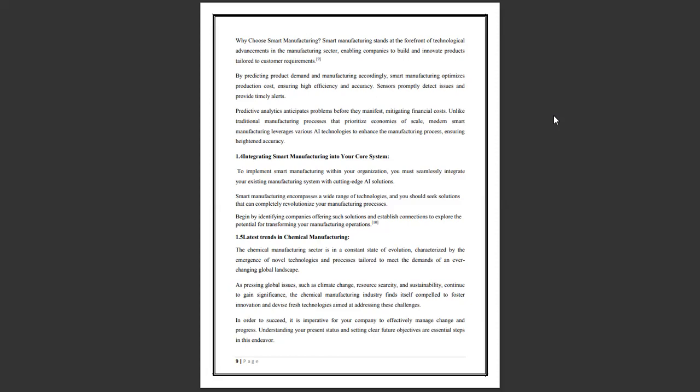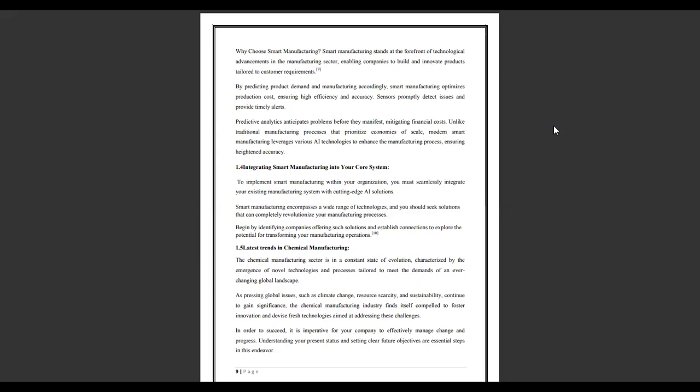Unlike traditional manufacturing processes that prioritize economies of scale, modern smart manufacturing leverages various AI technologies to enhance the manufacturing processes, ensuring heightened accuracy. The next point is how to integrate smart manufacturing into your core system. To implement smart manufacturing within your organization, you must seamlessly integrate your existing manufacturing system with cutting-edge AI solutions.